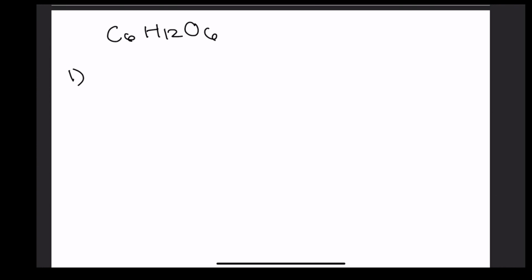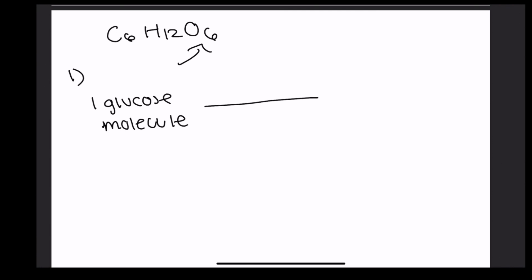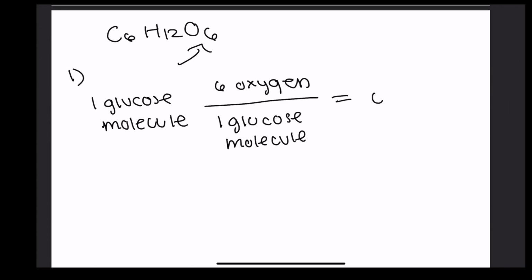We found out there's 6 here. So if our starting material is 1 glucose molecule, we're going to do the train track, and we know in that 1 glucose molecule there is 6 oxygen, which equals 6 oxygen atoms.